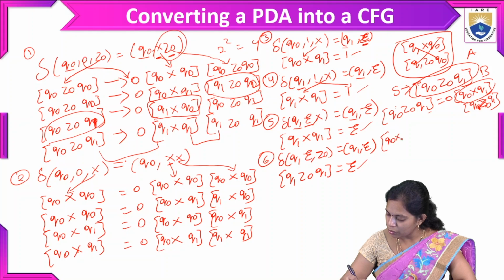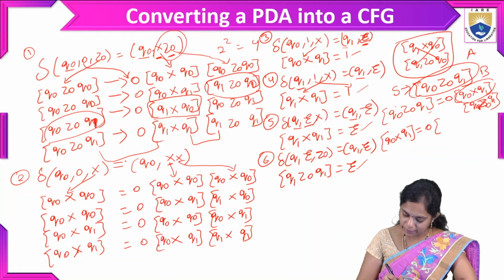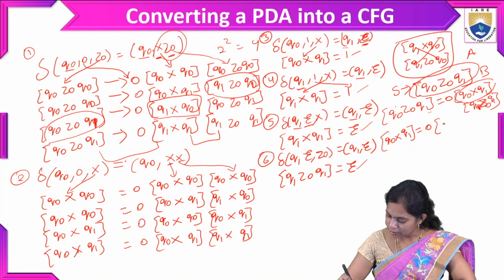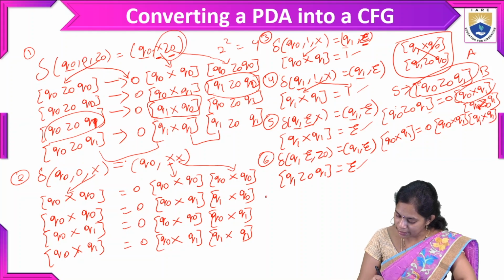So B value is equal to Q0 X Q1, this is the B, and it is also having the value 0, and here this 0 is divided, so it's a combination of A, that is nothing but B. So B is nothing but Q0 X Q1, and this one X value, Q1 X Q1.